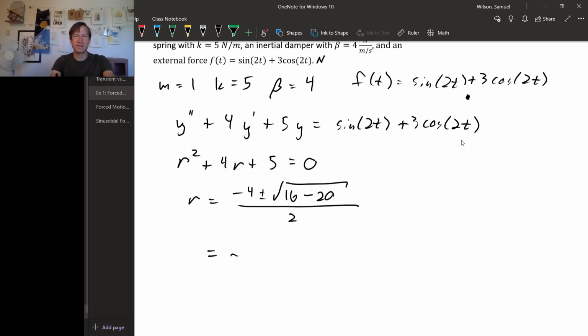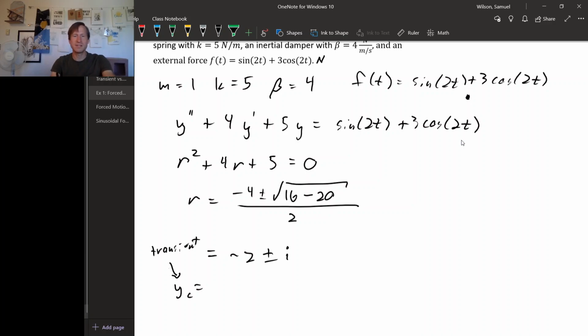So this is going to be, let's see, minus 2 plus or minus. So the square root of negative 4 is 2i, over 2 is just i. Okay, so our complementary solution. Remember another name for the complementary solution is the transient.